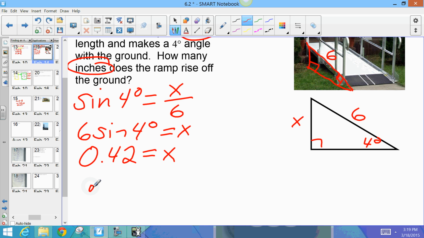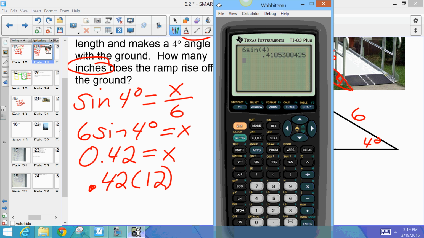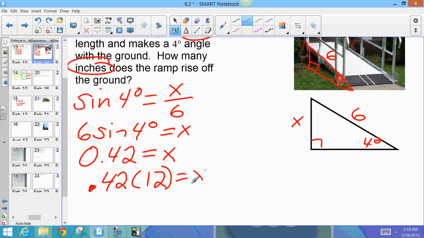So I'm going to take my 0.42 and multiply by 12 to figure out how many inches. So it's about 5 inches. All right, that's it for that problem.